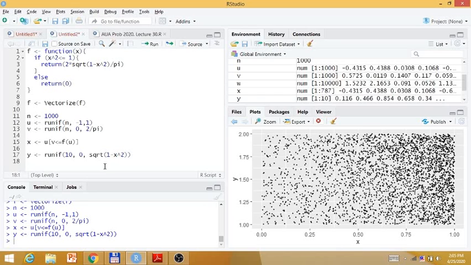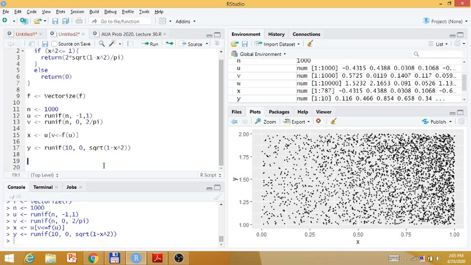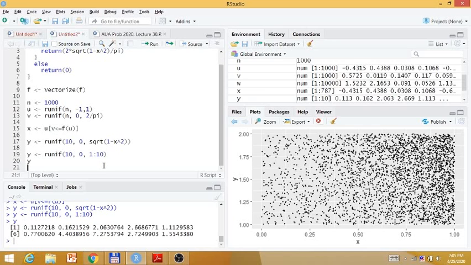So what I'm doing is the following. Let me just check if that is working. Let me generate y as runif 10 from 0 to 1 to 10, something like this, and print the values of y.